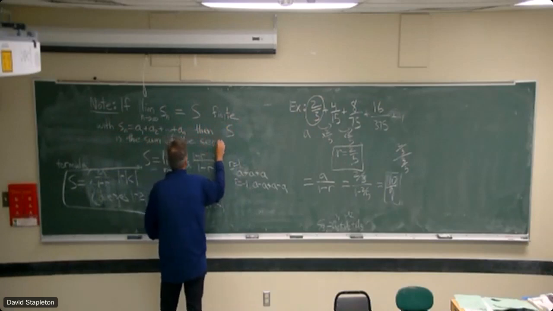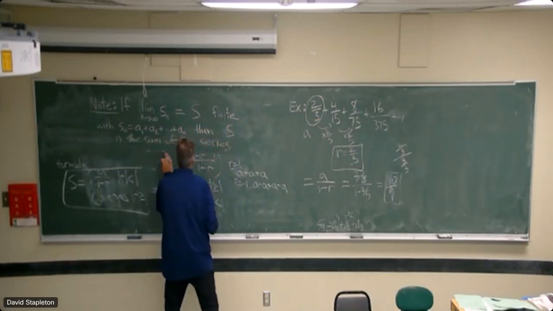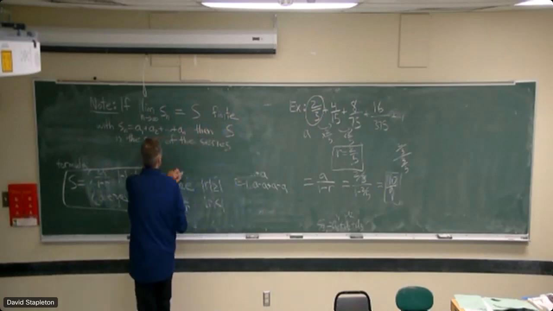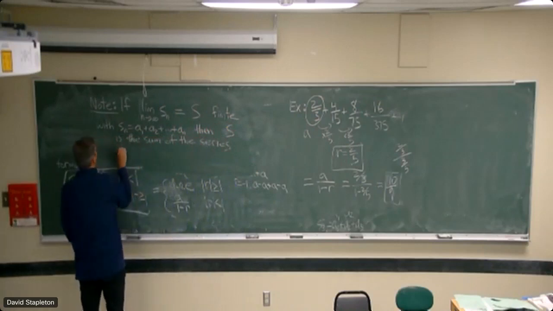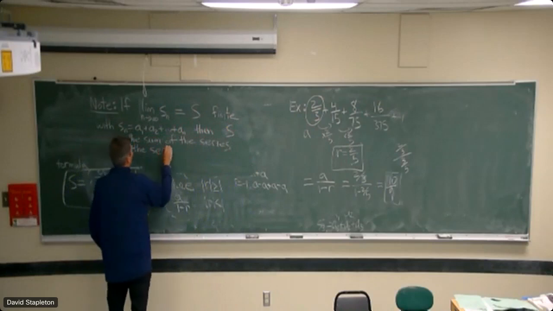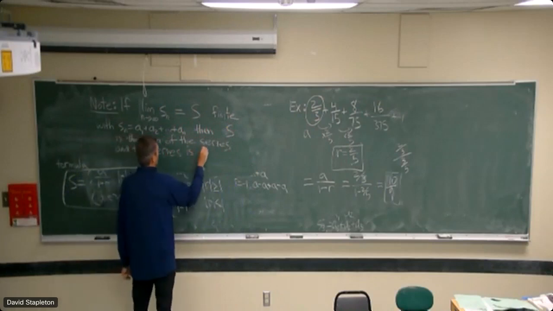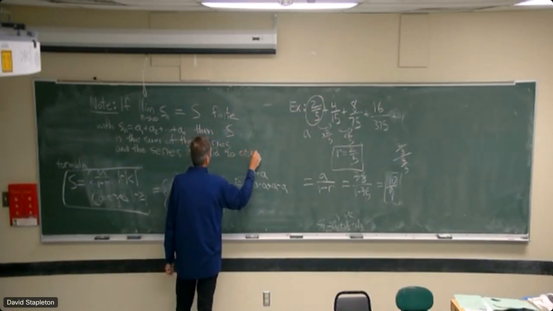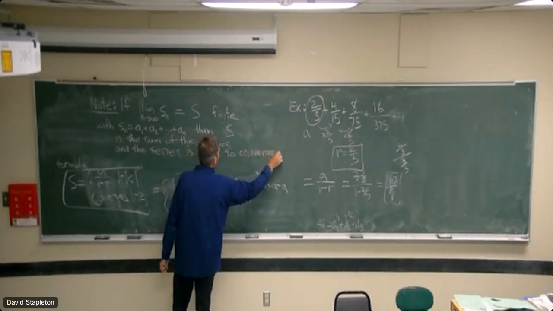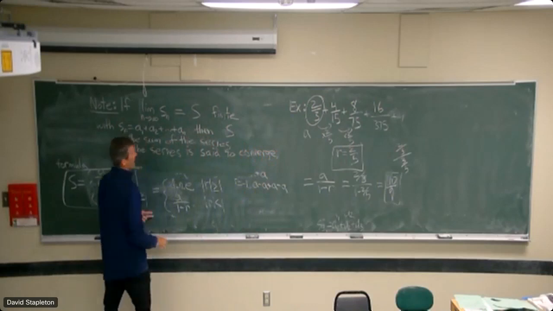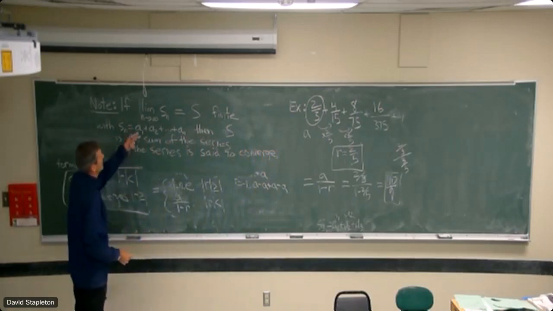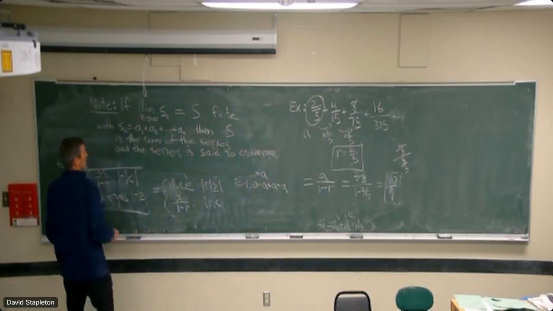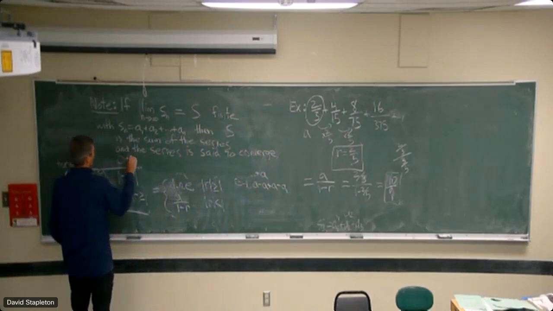But if the limit doesn't exist, then the series is said to diverge. So the sum of the series is S and the series is said to converge. Otherwise, whether you get infinity or you get an oscillating result, anything but a finite number for the limit, you say the series diverges.